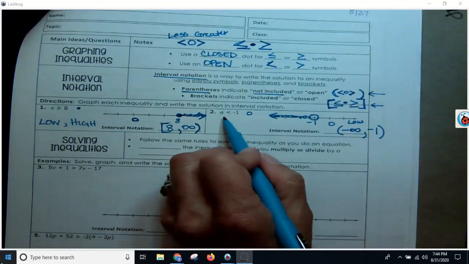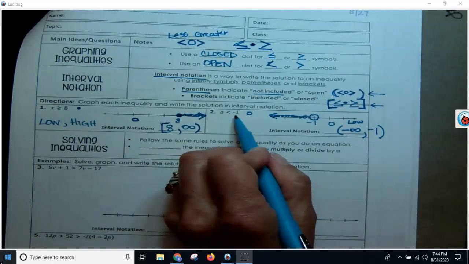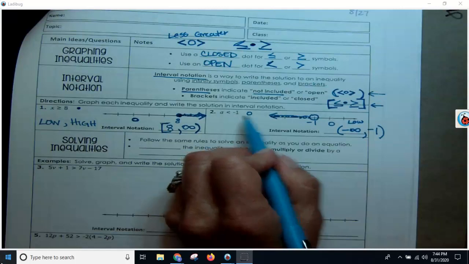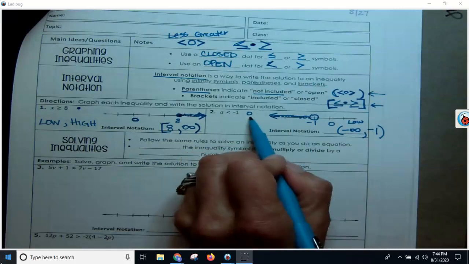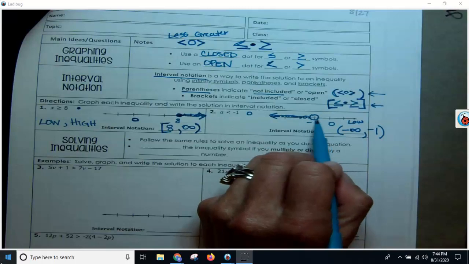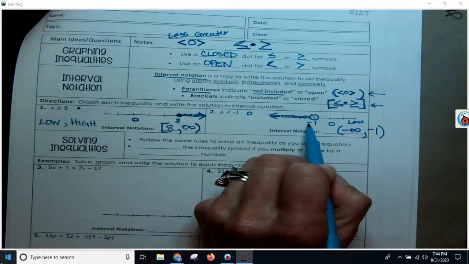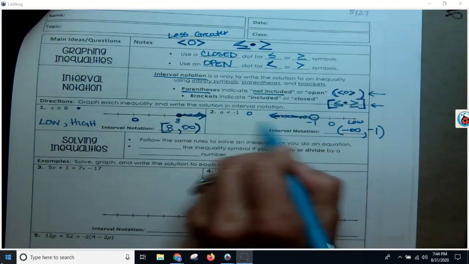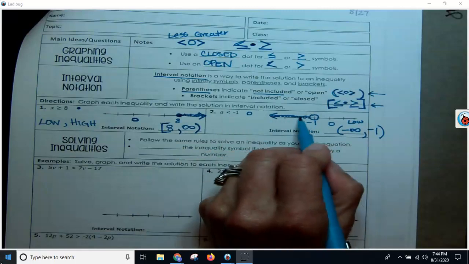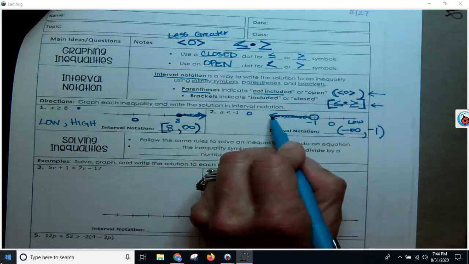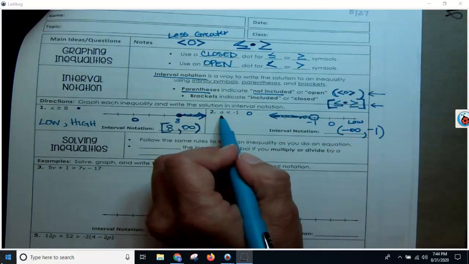In this one, I've got a is less than -1, okay? So I'm going to use an open dot, and I put the open circle on -1, and a has to be less than, so all the numbers less than -1, which means I cannot plug -1 in for a.